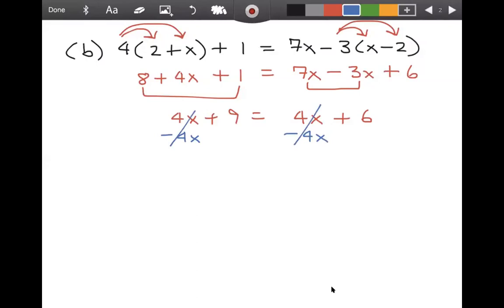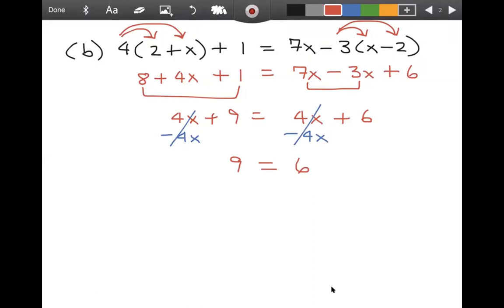And I end up with something that looks really weird, right? I end up with something that says 9 equals 6. So what does that mean? Well, officially what it means is, remember we talked a little bit in the last section, when you do these operations on both sides of the equation, you're supposed to get an equation that is equivalent.